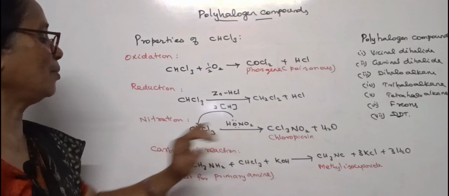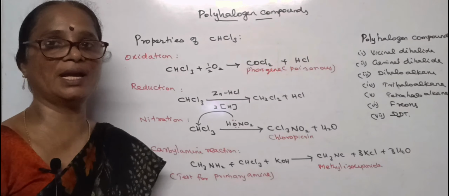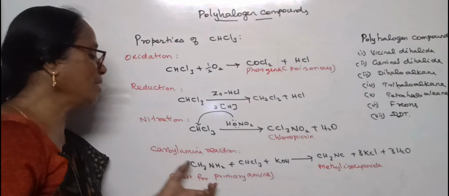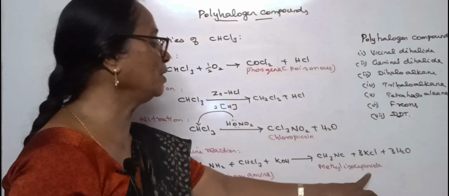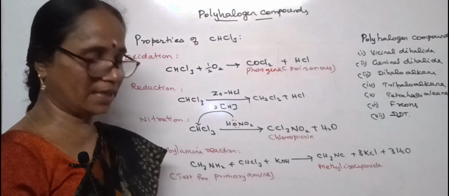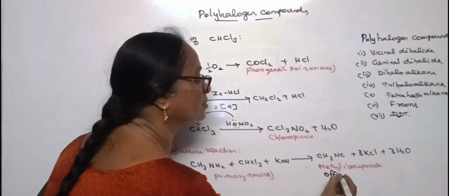And the carbylamine reaction. This reaction is the test for primary amine. Amines have the functional group NH2. When a primary amine is treated with chloroform and potassium hydroxide, they form methyl isocyanide, and the formation of methyl isocyanide can be identified from its offensive odor.